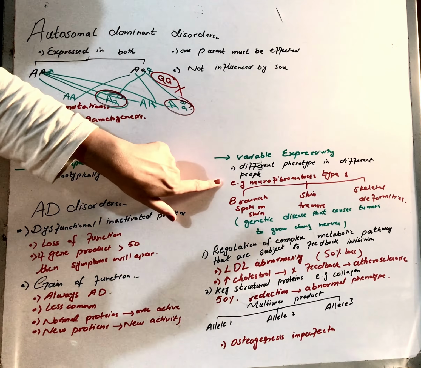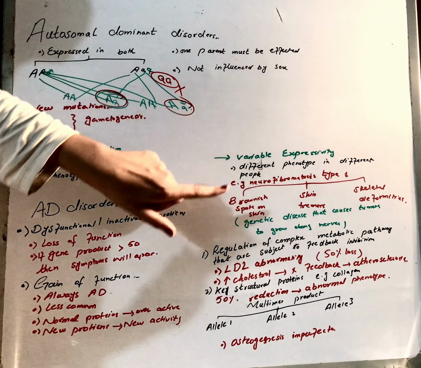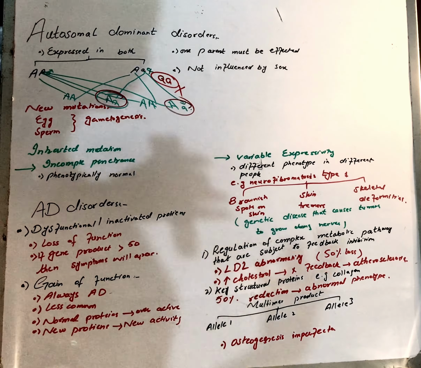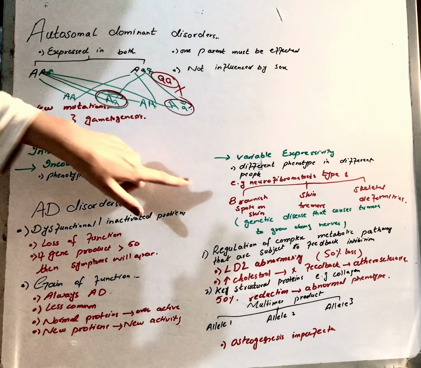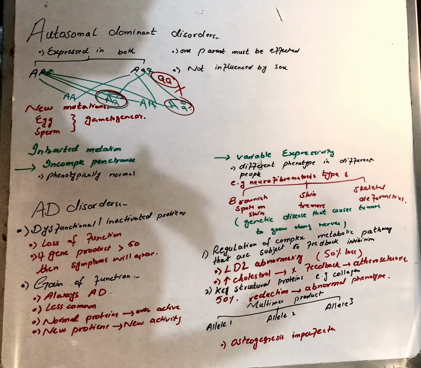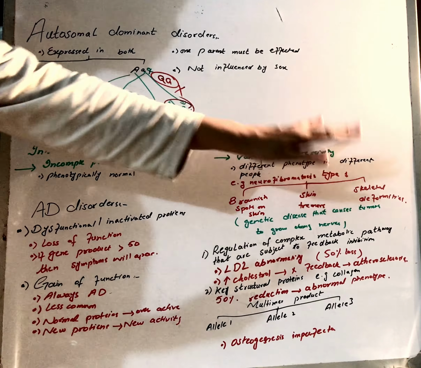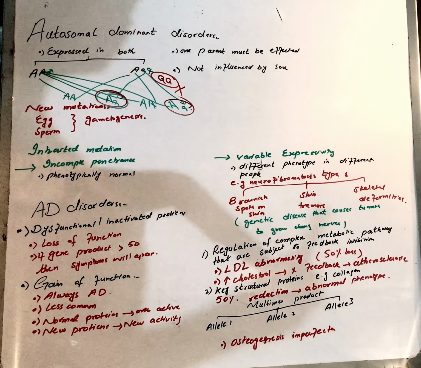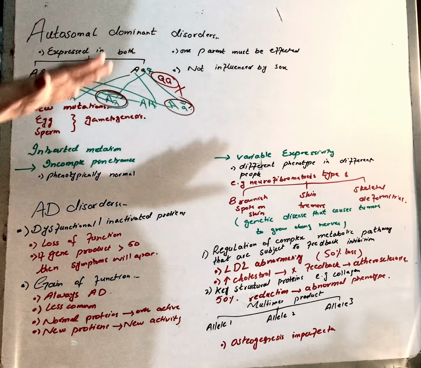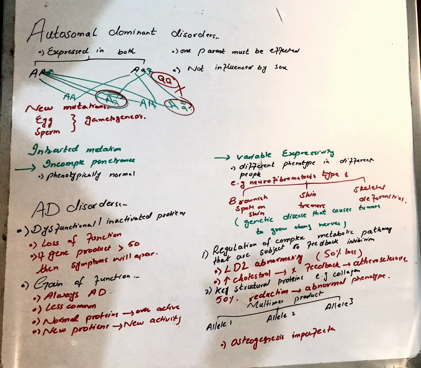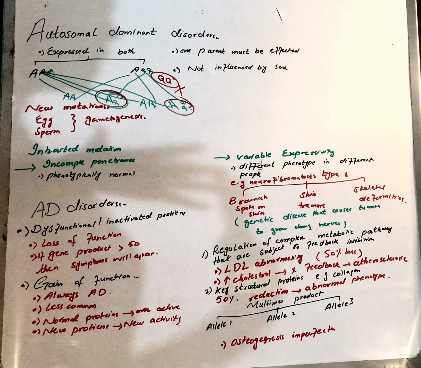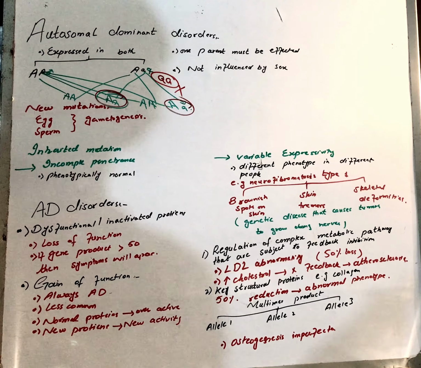It has variable expressivity. In some people there can be brownish spots on the skin, in others skin tumors, and in others skeletal deformities. So it has variable expressivity. However, incomplete penetrance means they are phenotypically normal.